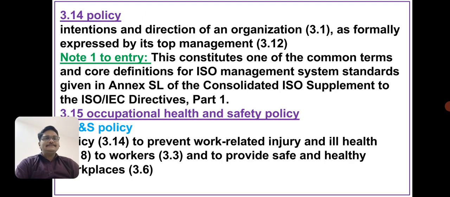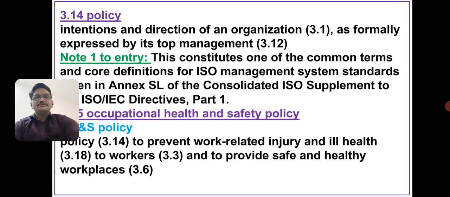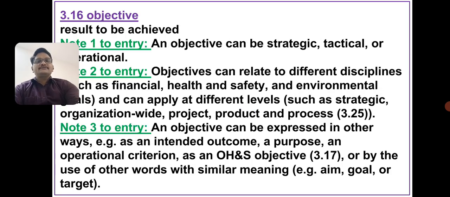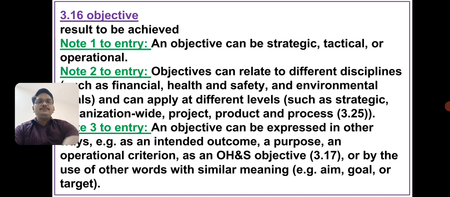Next is policy. The intentions and direction of an organization as formally expressed by its top management. Occupational health and safety policy is the policy to prevent work-related injury and ill health to workers and to provide safe and healthy workplaces. That is OHS policy. Objective: a result to be achieved. An objective can be strategic, tactical or operational.